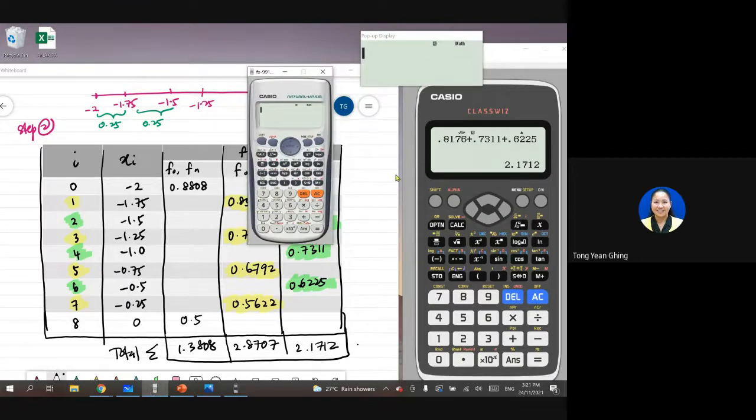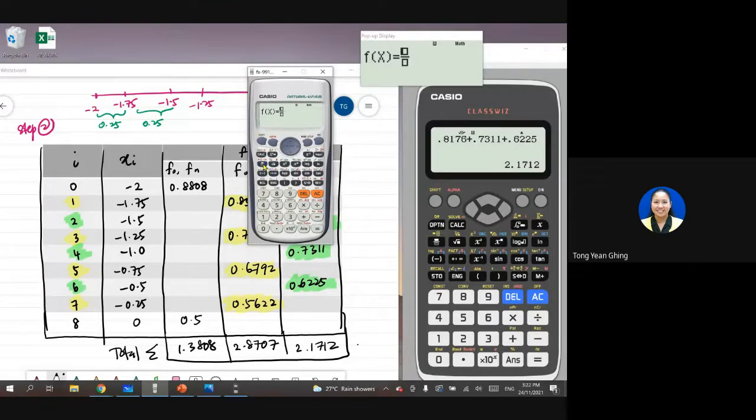calculator. It's the same for those who are using this calculator, but I'm very sorry, the appearance is very small like this, okay? So you have to press the mode here and choose table, number 7, okay? Choose table and then you key in similar to just now.